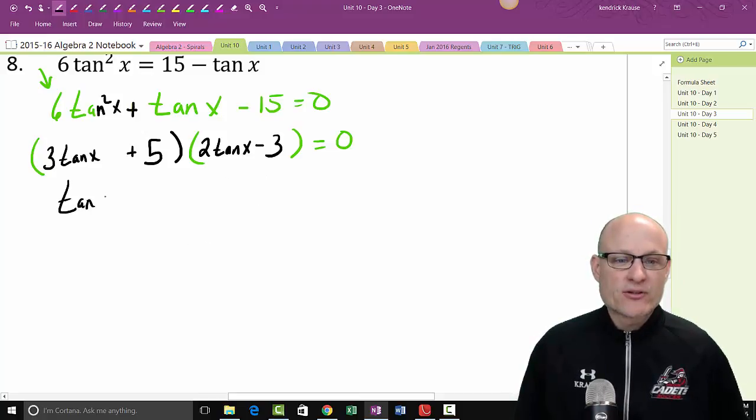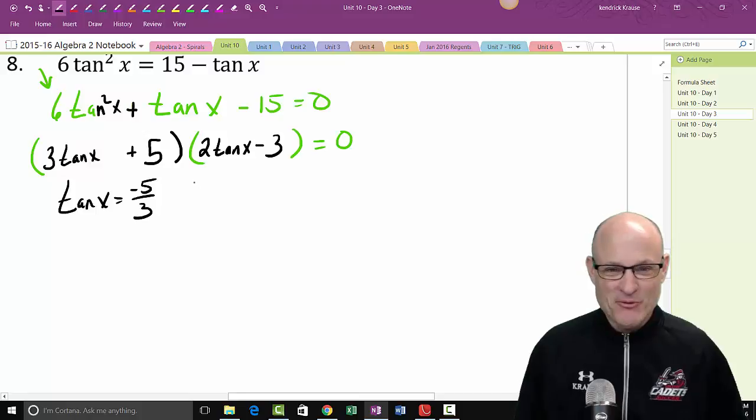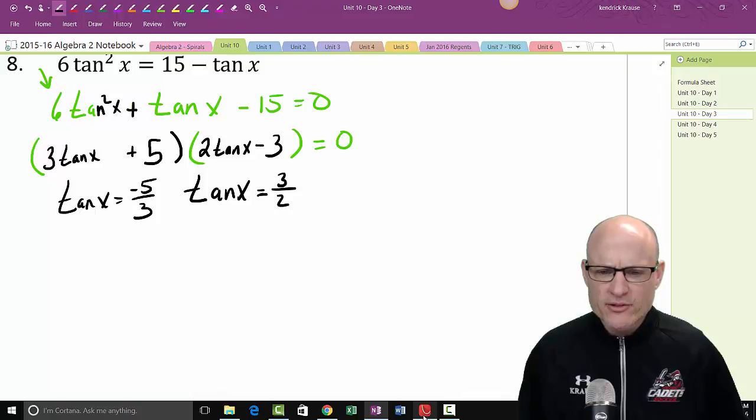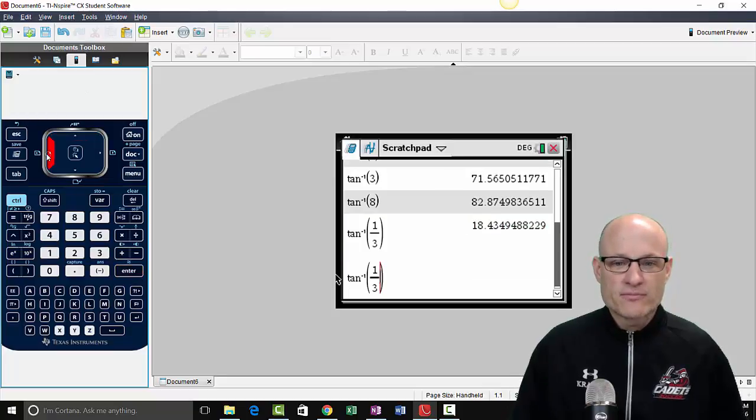Tangent x equals negative 5 over 3. Look how beautiful that is. It's beautiful math because it's math. And then I get tangent x equals positive 3 over 2. Okay, so let's try this. We're going to inverse tan 5/3.